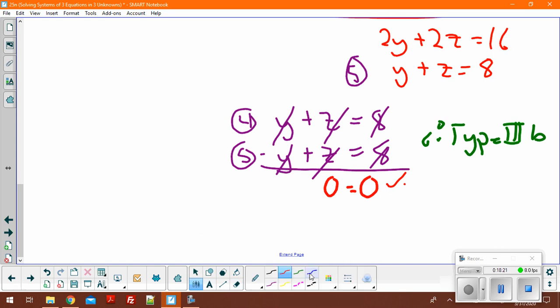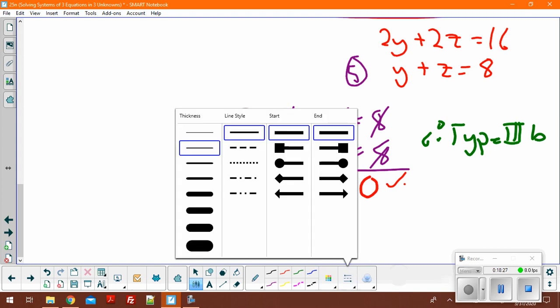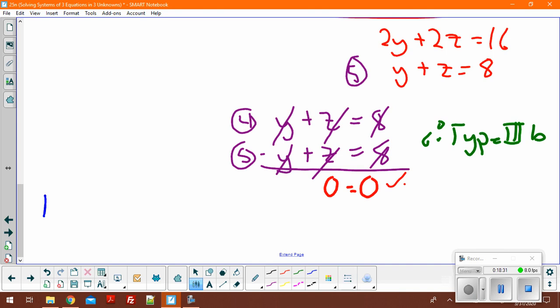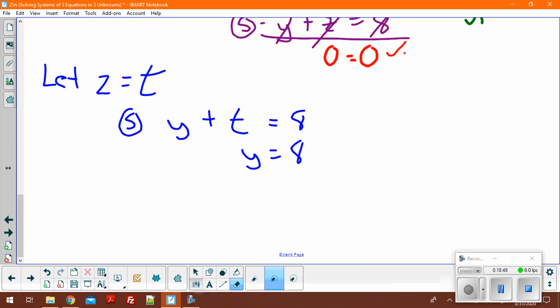Now I need to create a parameter and create the equation of my line. This is where we do the whole let z equal t piece. From equation 5, I have y plus t is equal to 8. So I bring the t over, so y is equal to 8 minus t.